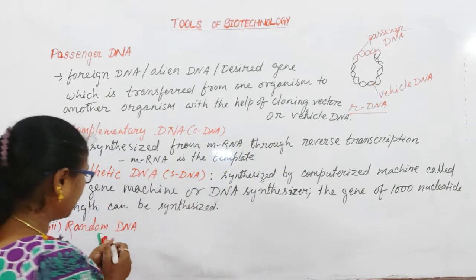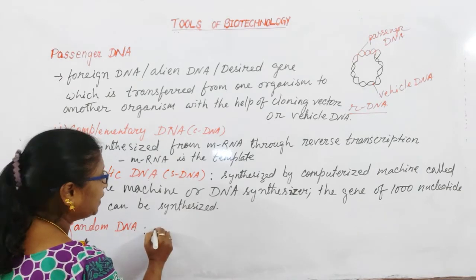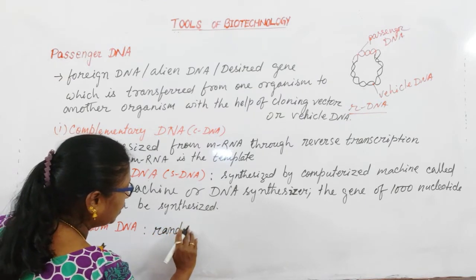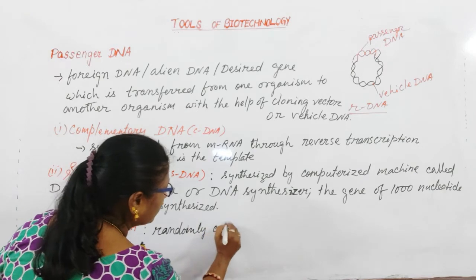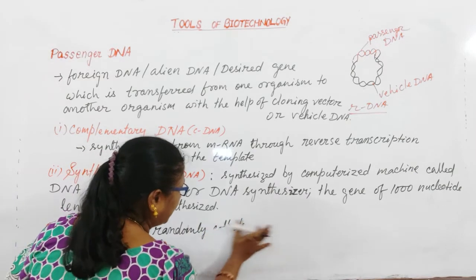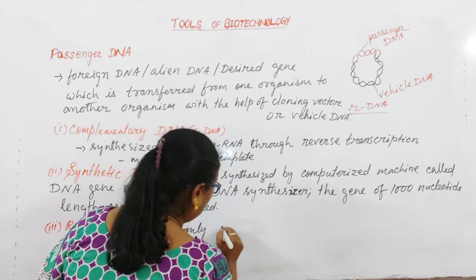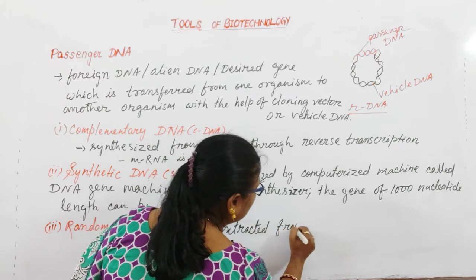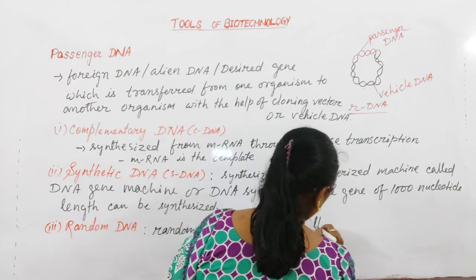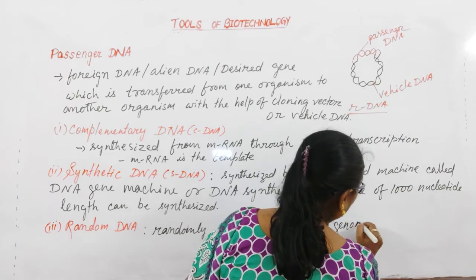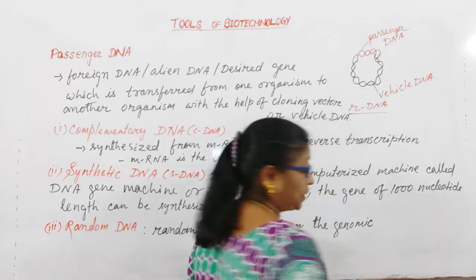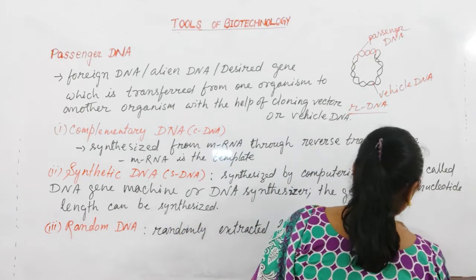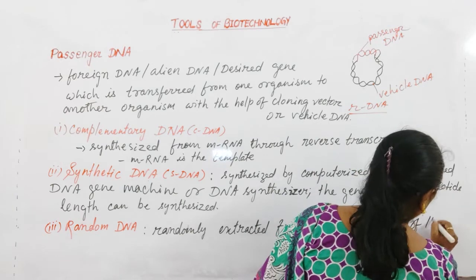So random DNA is collected from the genomic DNA of the organism. Genomic means the main chromosomal complement, the genetic material.